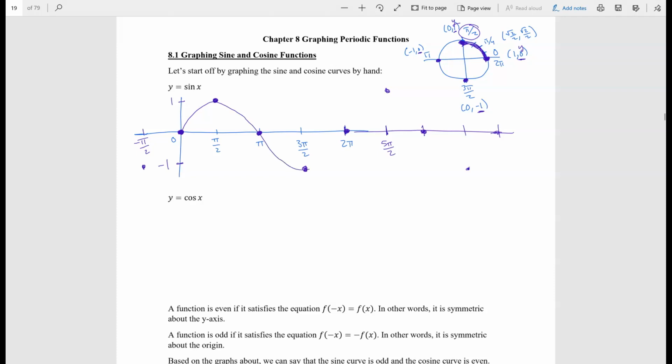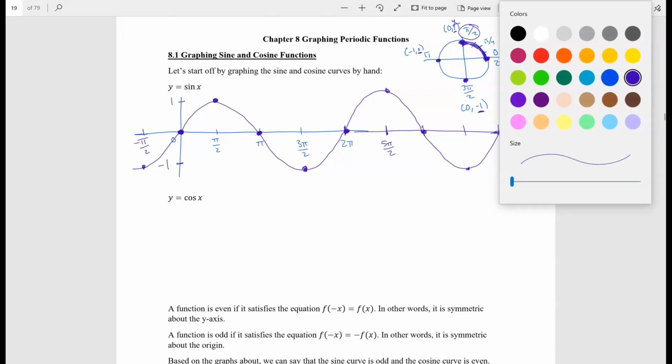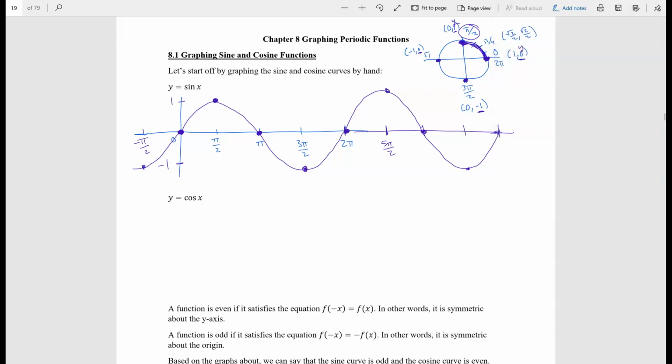So the sine curve looks something like this. Okay, and it continues on. It kind of looks like a wave. And notice that it keeps repeating itself after 2 pi radians. So if we take a little slice from here to 2 pi, you can see that this pattern keeps repeating itself.